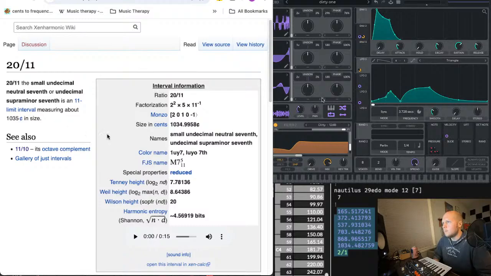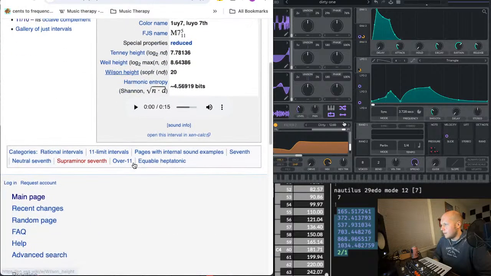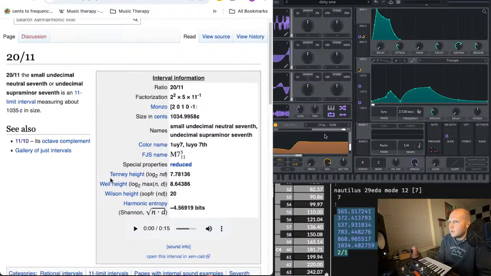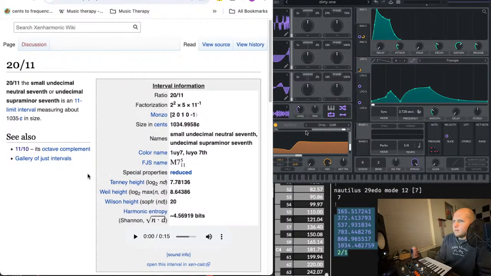It's also called supraminor. So supraminor is like a sharp minor, but a little towards the neutral. And yeah, there's not a lot of info on it because anything above a fifth is not going to get a lot of attention, because all the focus is going to be on the smaller inversions.